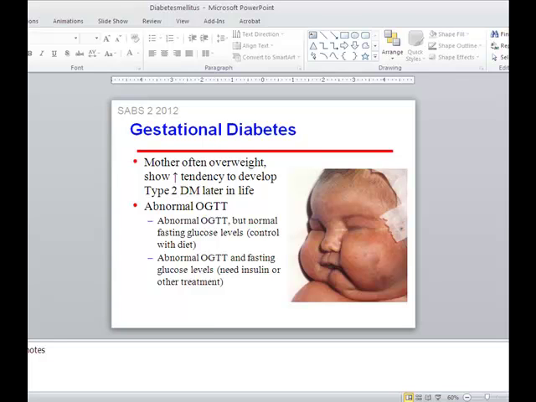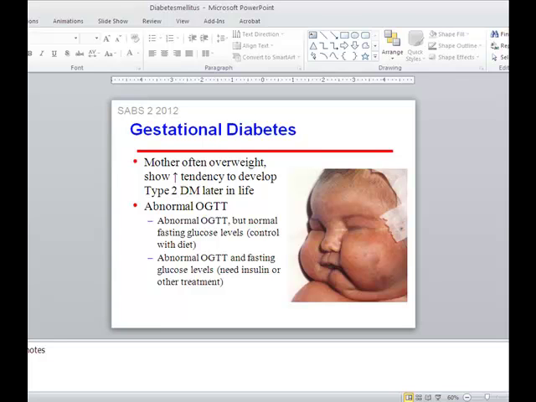And also these women who have gestational diabetes have a tendency to develop type 2 diabetes later. Many of them to begin with could be overweight, but they haven't manifested type 2 diabetes, but during pregnancy, when they put on additional weight, it triggers it.